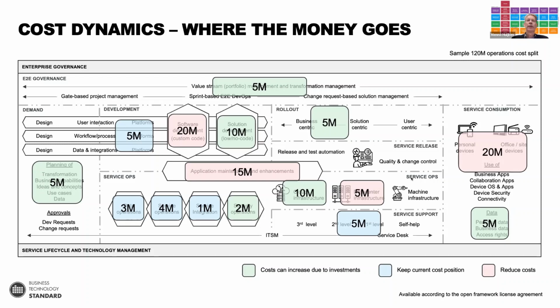And then the blue ones might be that the cost levels are quite okay, let's keep going what we're doing, no changes required. And you can also identify perhaps the areas where you really need to do some reduction and, for example, introduce automation in order to manage your devices better or other issues. So this is just an example of how to use the canvas to start to express your strategic intent on what you want to do with your business technology operations.